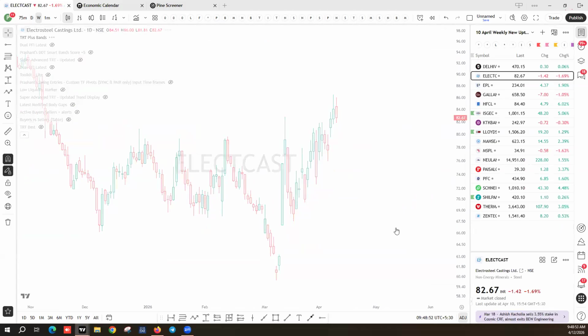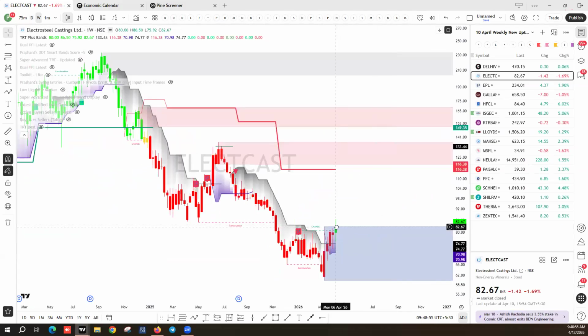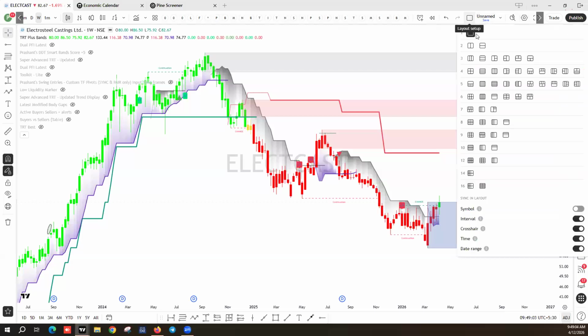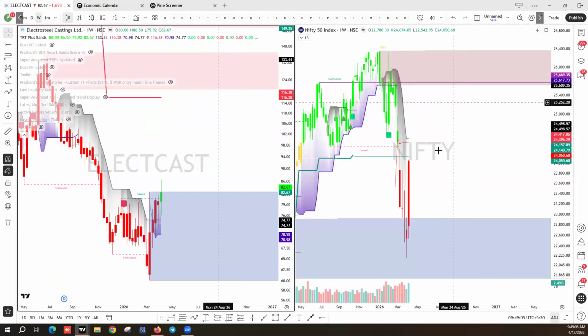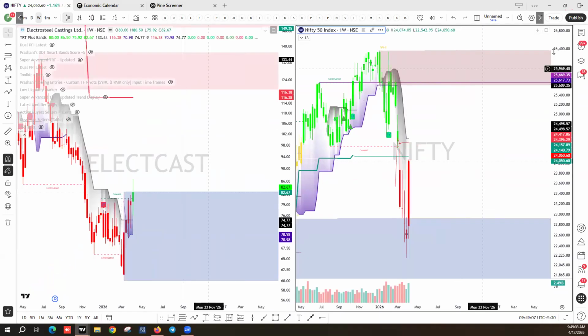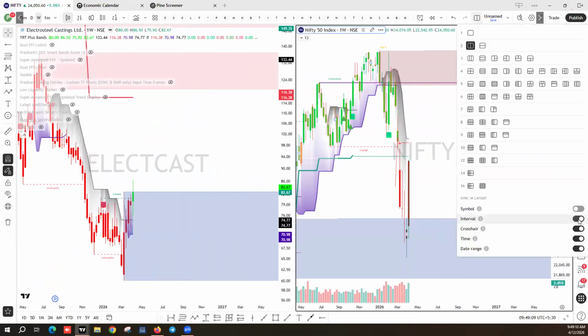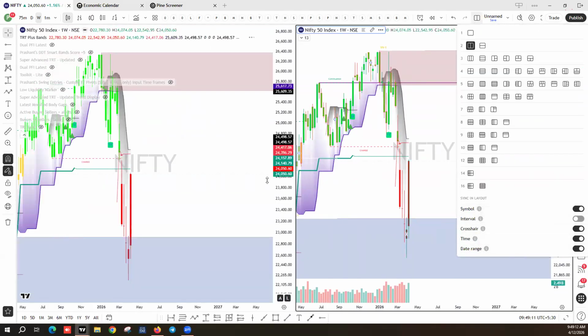Let me show you some stocks. See, this is green color on weekly. It will be green on daily also. Let's have two charts side by side. Interval different, symbol same.